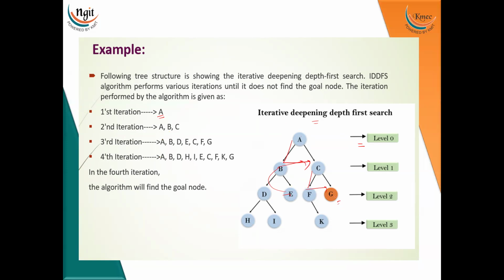Let us say that K is the goal node. Then it will traverse A, B, D, H, then I, then E, then C, then F, then K, and in this way also it is going to find the solution.